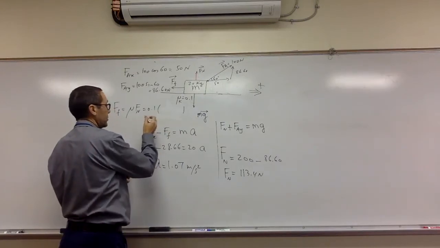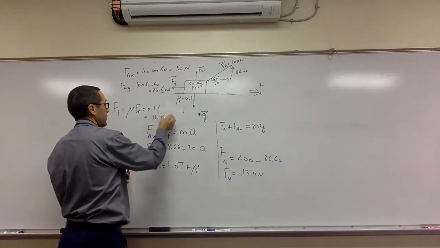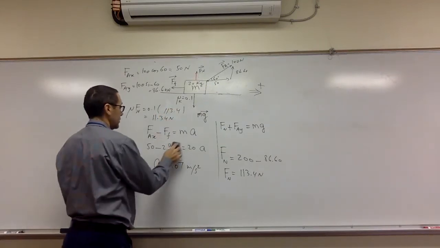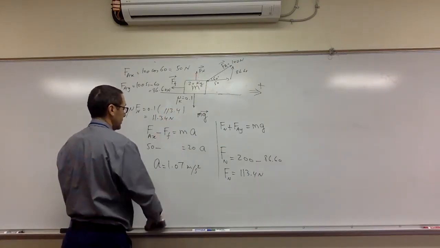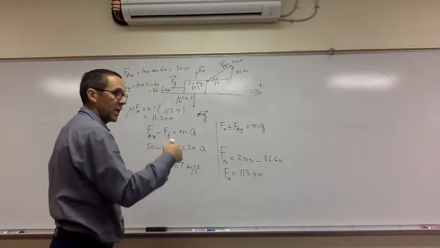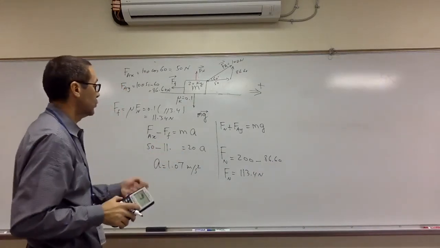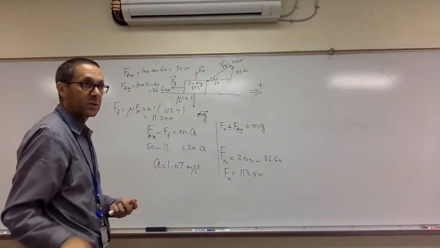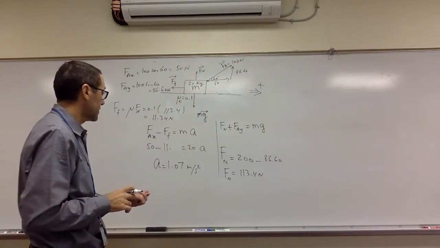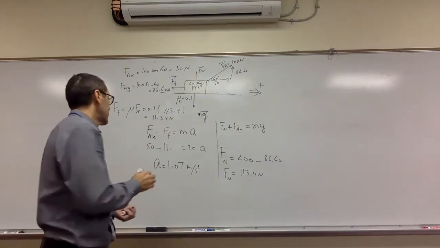So my friction should be 11.34 newtons after I put in 113.4 here. And that should have been expected now, because you're going to have less friction because the normal force went down, which means the block is not pressing as hard on the surface, which means the surface does not have to support it as much.